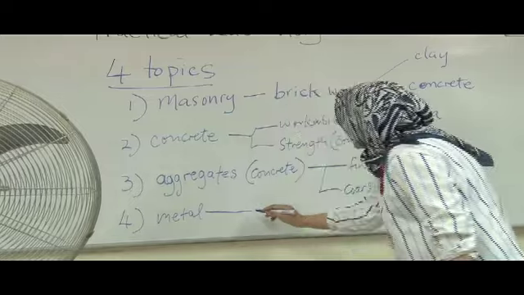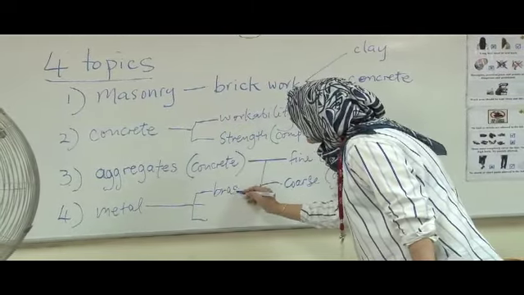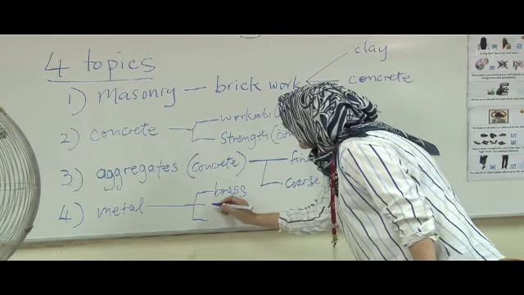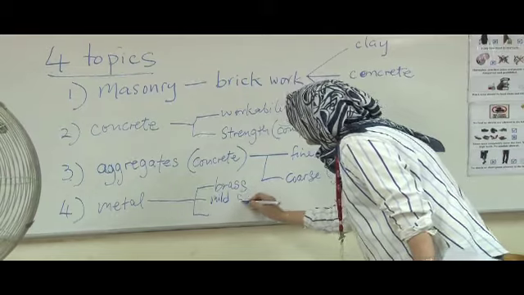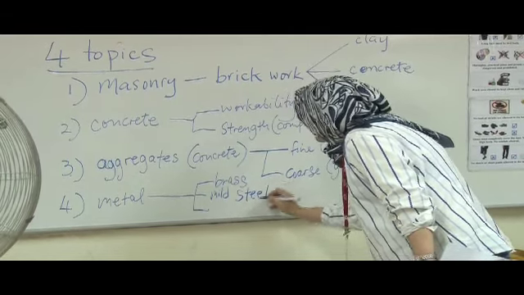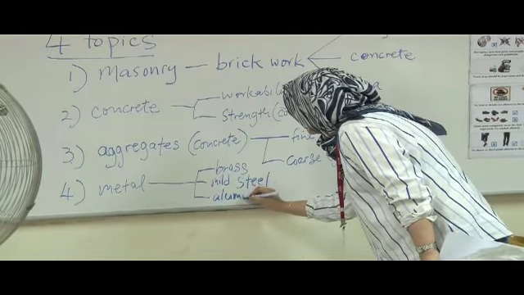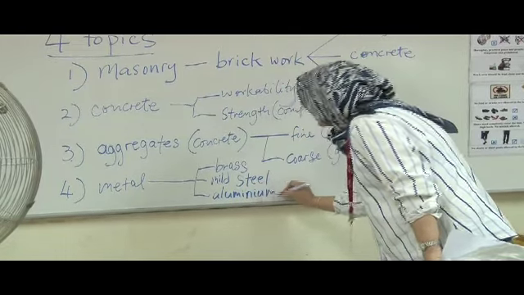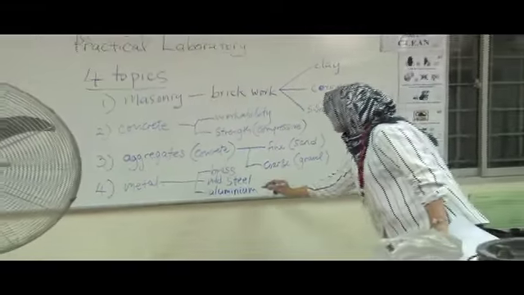So we'll be looking at brass and mild steel. We may or may not, I can't promise you, look at aluminium. If we have the materials, we'll be looking at this. So these are optional.